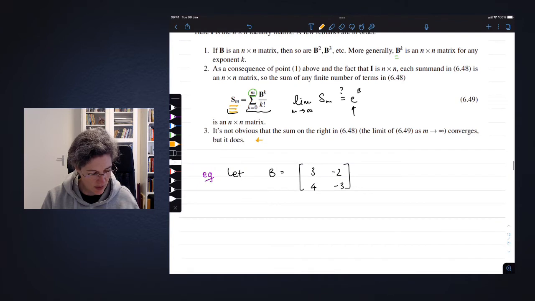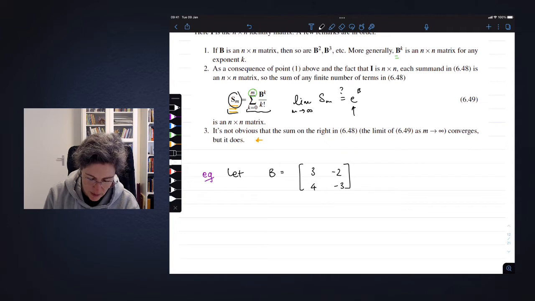Let's look at a little bit of an example here, so that you can start to see how these things go. We're going to look at different values of m. If we look at S1, that's the sum from k equals 0 to 1 of b to the k over k factorial.